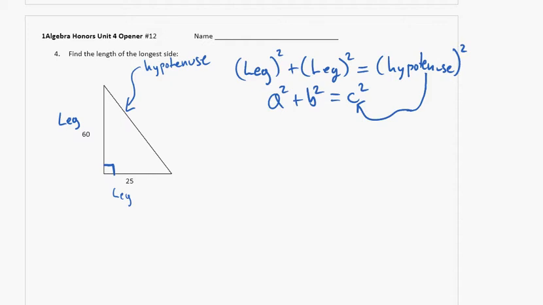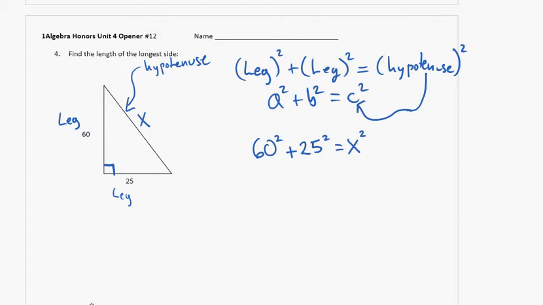Find the length of the longest side. So that's the hypotenuse. That's this side, and I'm going to go ahead and put a variable there. I'll just use x. And so I'm going to take one leg squared, so that'll be 60 squared, plus the other leg squared, that'll be 25 squared, and it's supposed to equal the hypotenuse squared, so that'll be x squared.